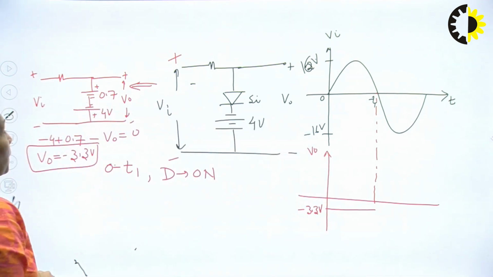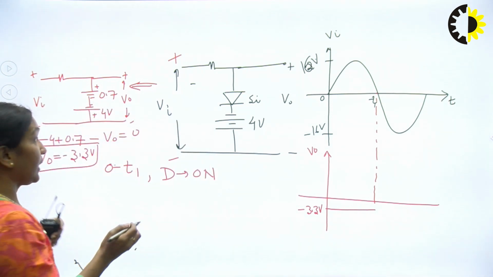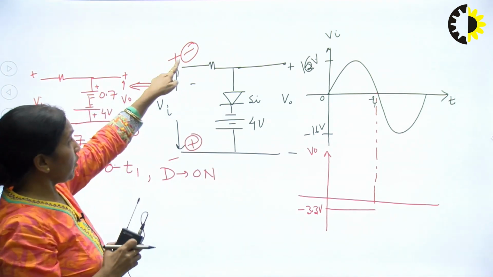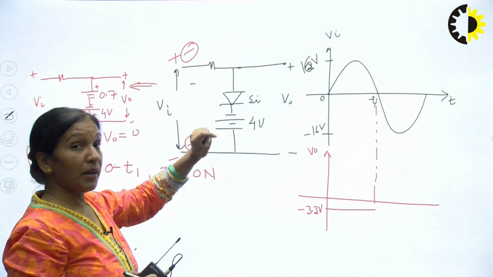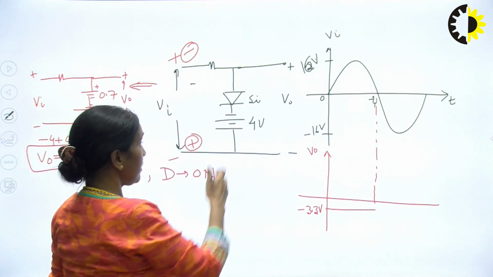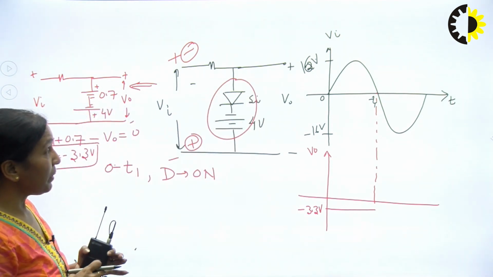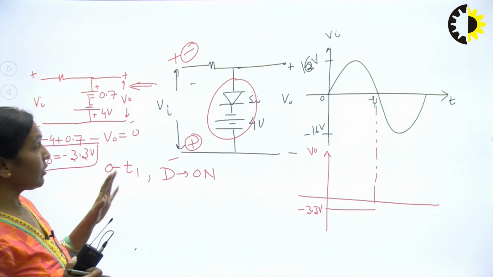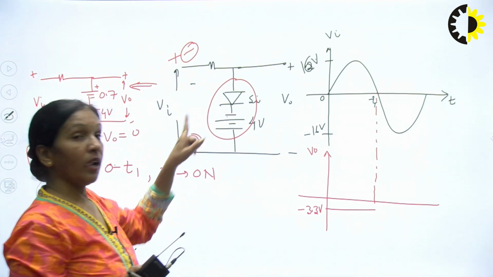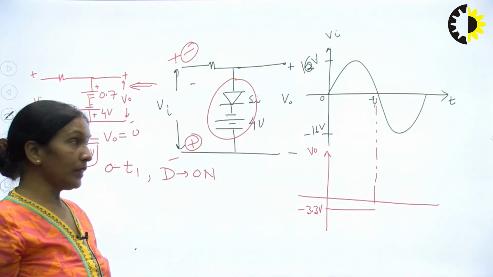Now, during the negative half cycle, this terminal will be negative and this will be positive. So this negative will try to make your diode reverse bias, but it will not be possible until this negative voltage overcomes the net potential of this. So what will be my net value, after which the diode will be forward biased? That is your minus 4 and 0.7, that means minus 3.3 volts.